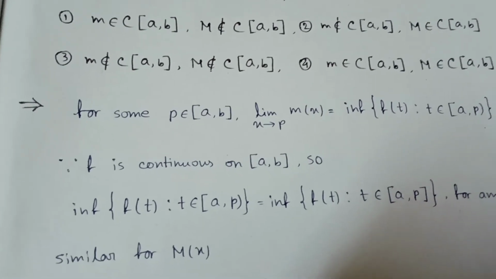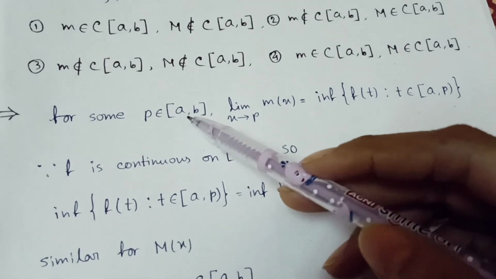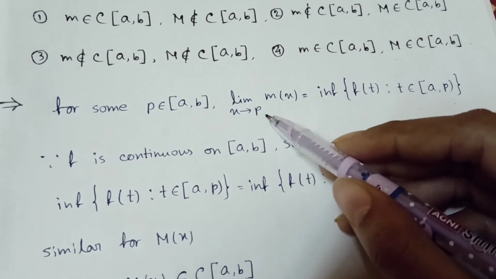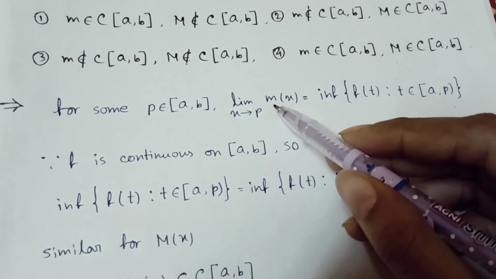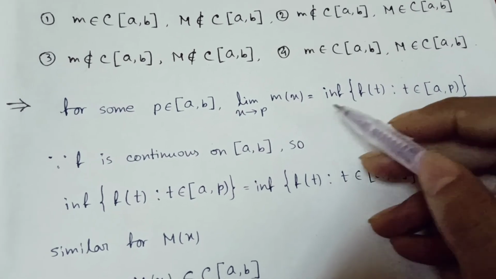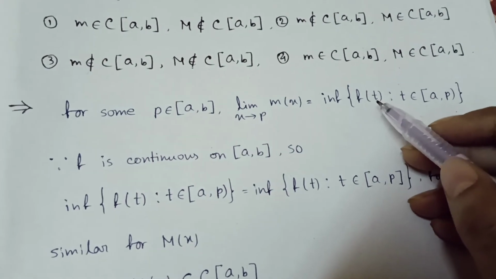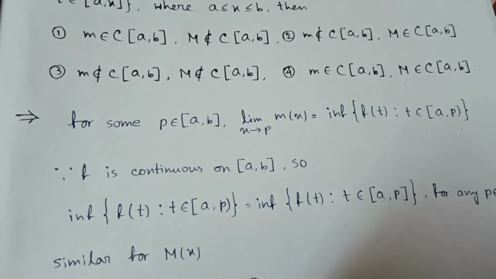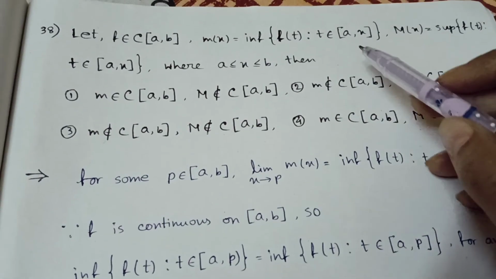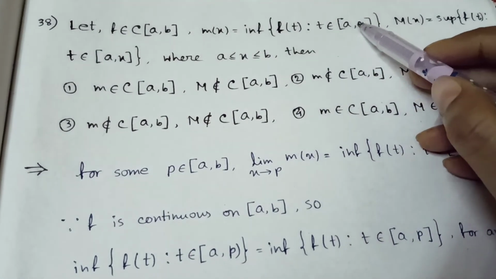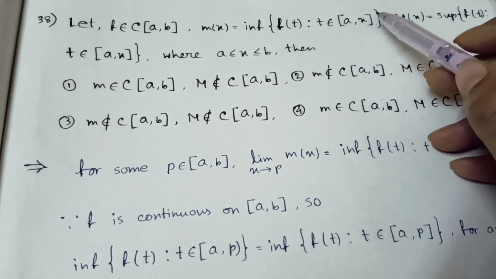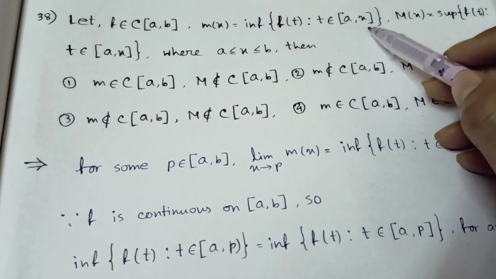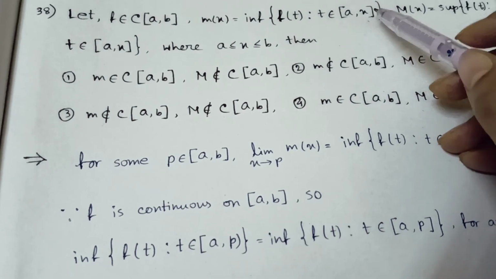Now let us take some p, any point p in the closed interval a to b. Now find limit x tends to p for small m(x). It will become what? Infimum of f(t), t belongs to closed a to open p. Why? As x tends to p, this will go to closed a to open p.